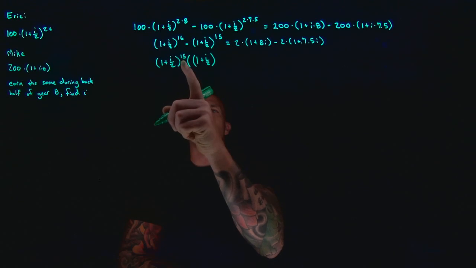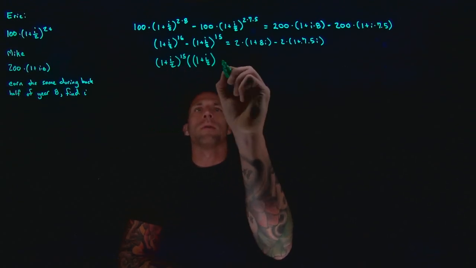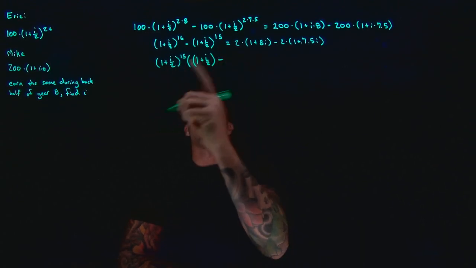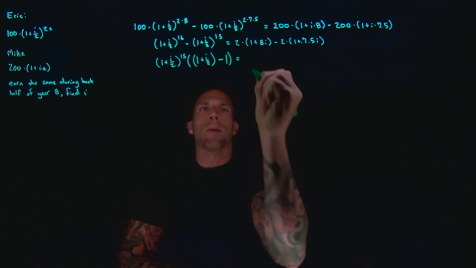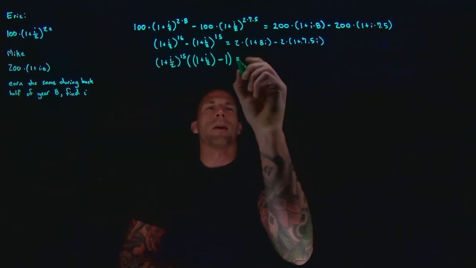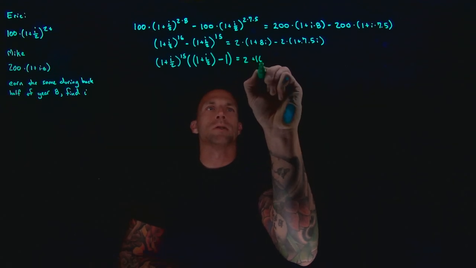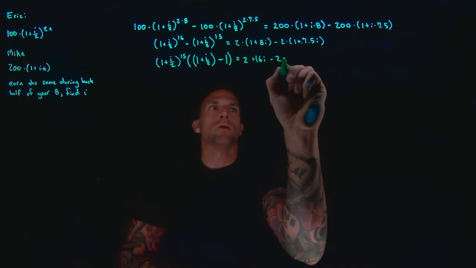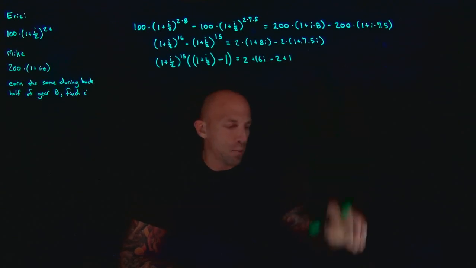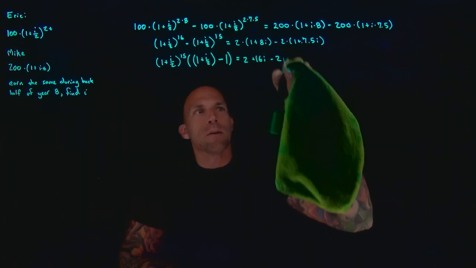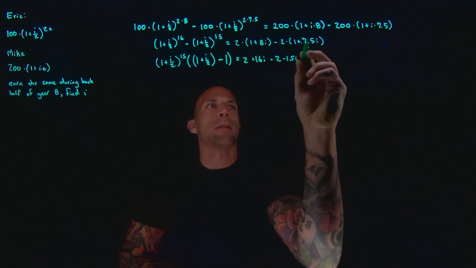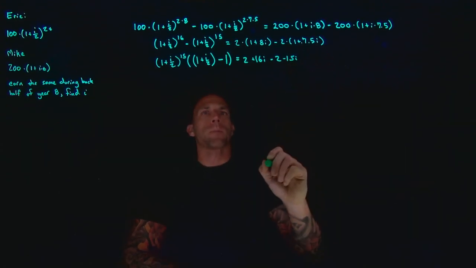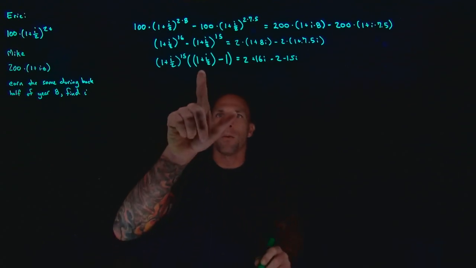I factored 15 of them out, so I have 1 left over. Minus, I factored out all 15, so there's only a 1 left right there. And then we can simplify here pretty easily. 2 plus 16i minus 2 minus 15i.